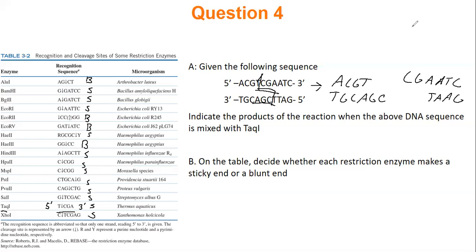Would PVU2 be blunt? Oh yeah, I think I was just getting a little sticky happy there. Yes, PVU2, very good. That is blunt because it's 3 on each side.